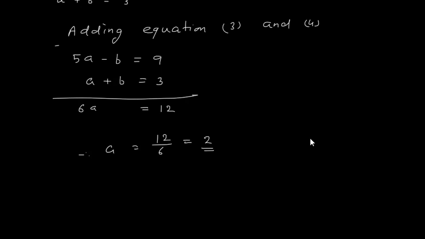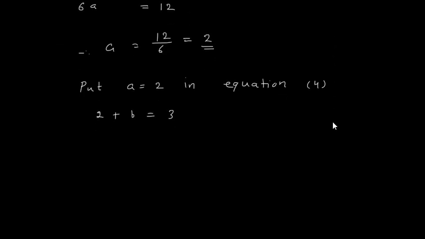Now put a is equals to 2 in equation 4. So 2 plus b is equals to 3. So therefore I got b is equals to 3 minus 2 is equals to 1.